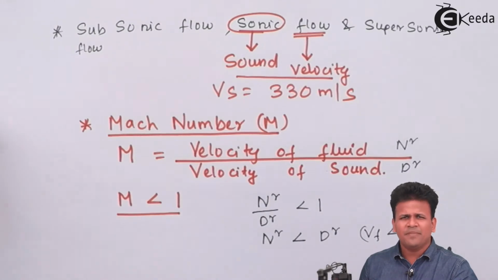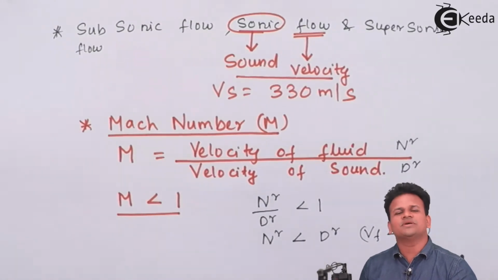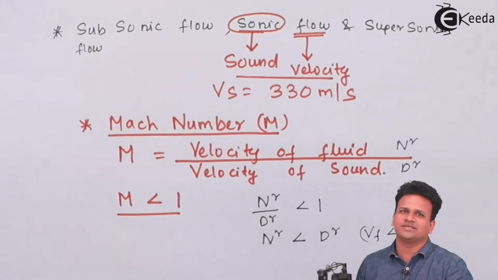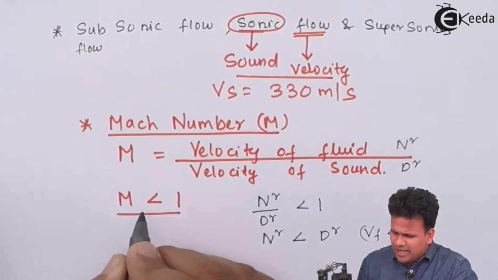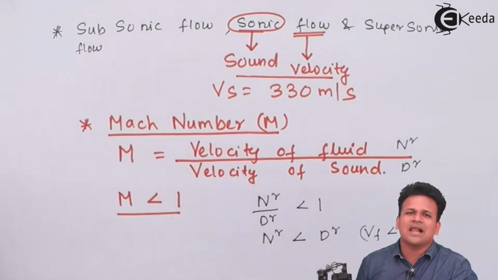Now, if velocity of fluid is less than velocity of sound, then that flow is called a subsonic flow. But there is one problem over here. Can all the fluid flowing below the velocity of sound be considered a subsonic flow? No, there is a lower limit to this entire part. You have got the upper limit, which should be less than 1.